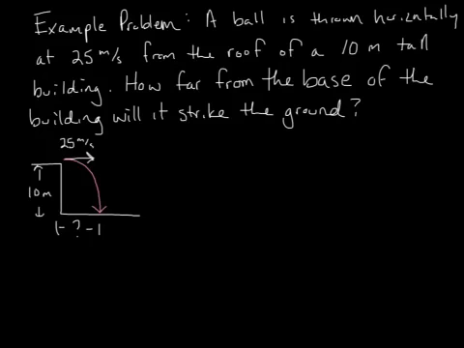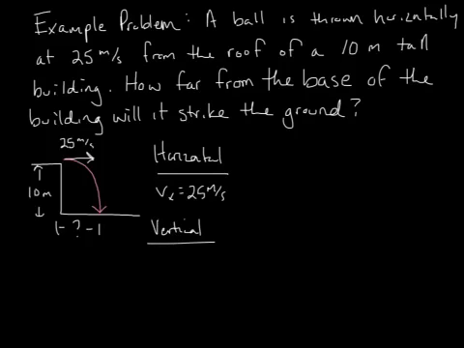Now once we've done that, the next thing we want to do is look at what we know in the horizontal direction and what we know in the vertical direction. For the horizontal direction, we know one thing: Vx is 25 meters per second. Then we look at our vertical component. For our vertical information, we know that delta y at the very end is going to be negative 10 meters.